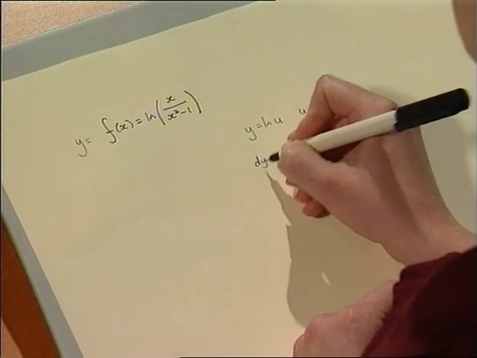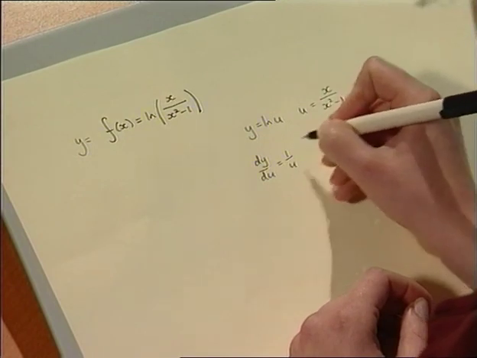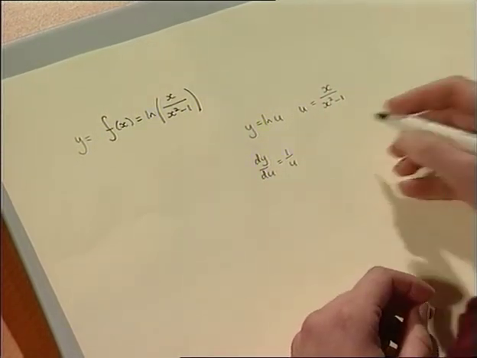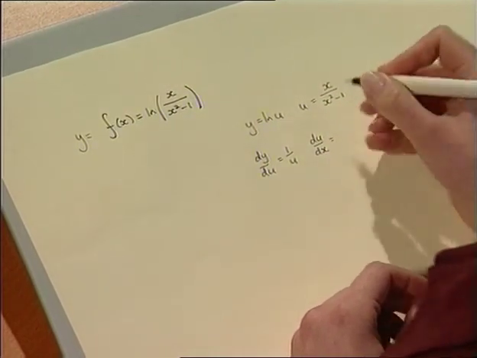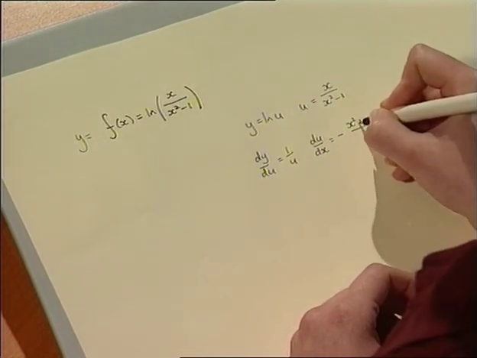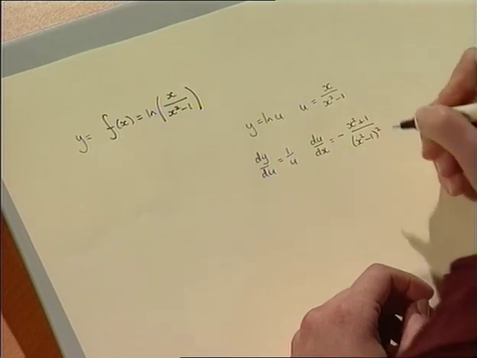Well, dy by du gives me 1 over u. And to differentiate u, well, I've already done that using the quotient rule. du by dx came out as negative x squared plus 1 over x squared minus 1 all squared.